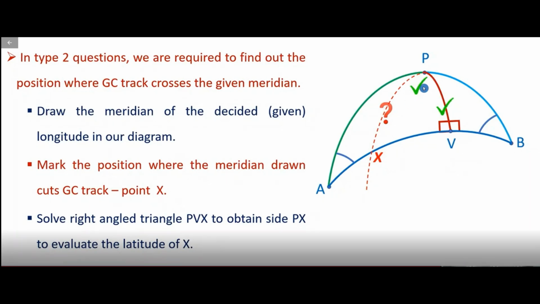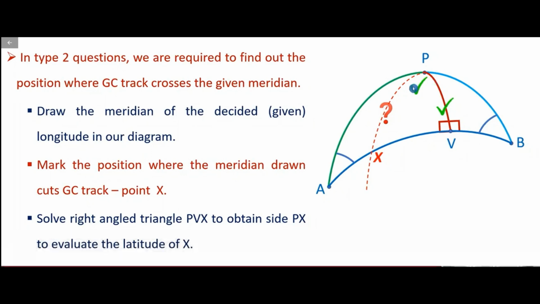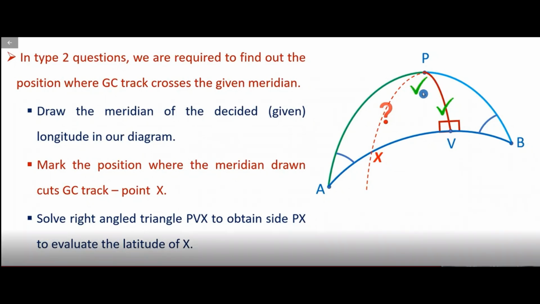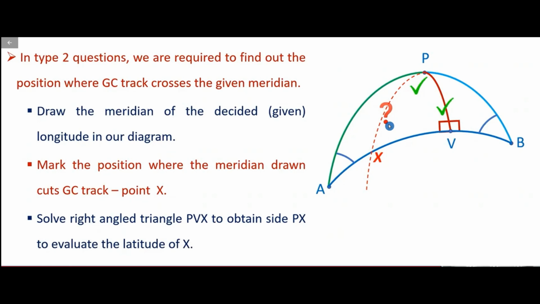Now give me this angle P, beta, any angle P of your liking. 35 degrees. Okay, this angle P is 35 degrees. We applied the Napier rule, it came to 35 degrees. Now the longitude of the vertex is 50 degrees east. The D long between V and X is 35 degrees, and we know this position X is on the left side of the vertex, which means it is to the west of the vertex.